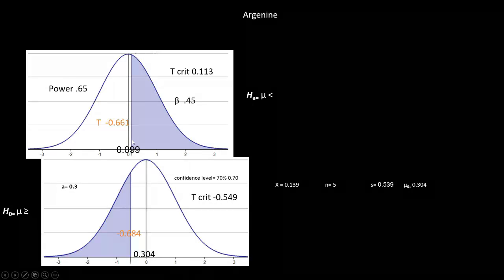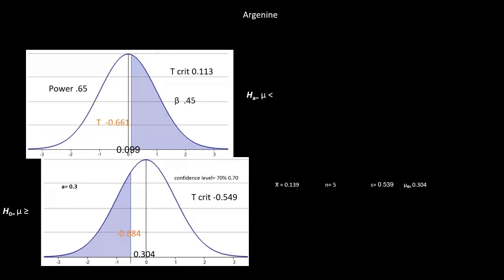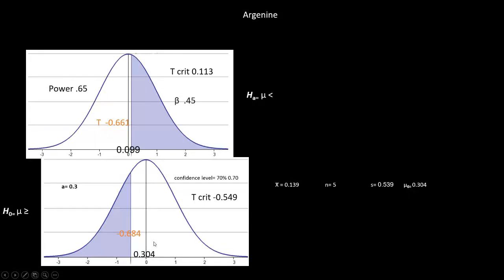And obviously we use the hypothesized mean, the bottom area, or the null hypothesis.